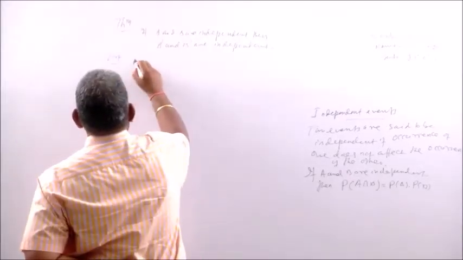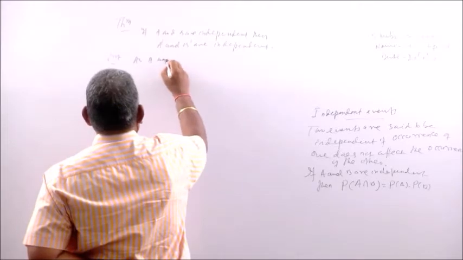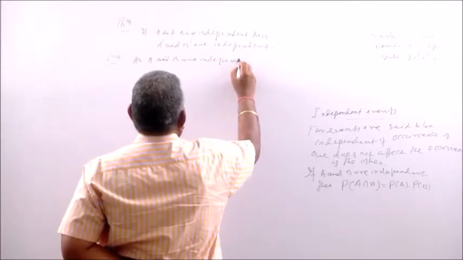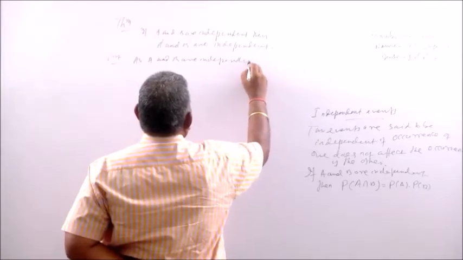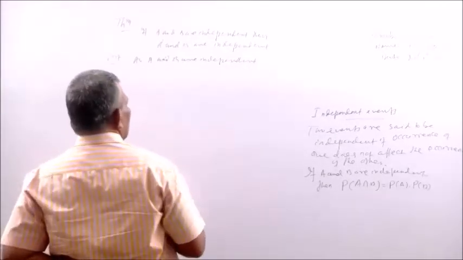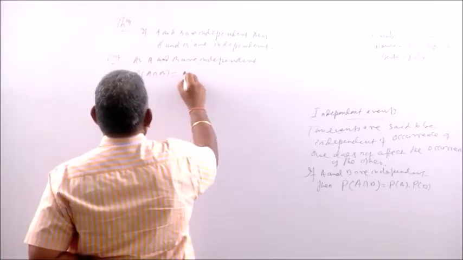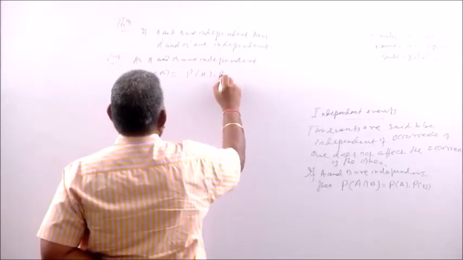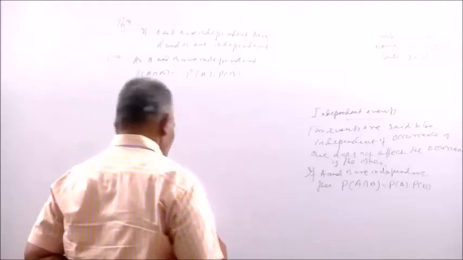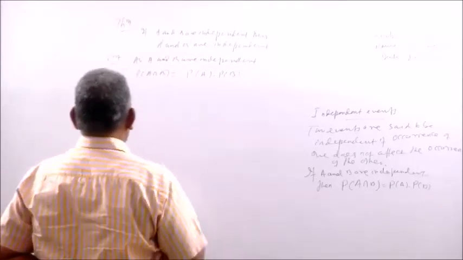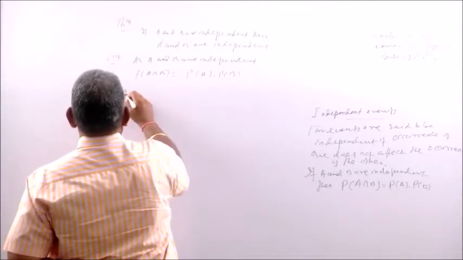Proof. As A and B are independent, from the definition of independence, P(A intersection B) equals P(A) into P(B). Now we have to show that A dash and B dash are independent.